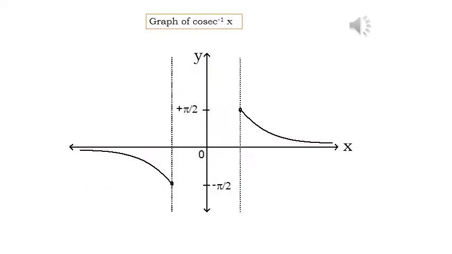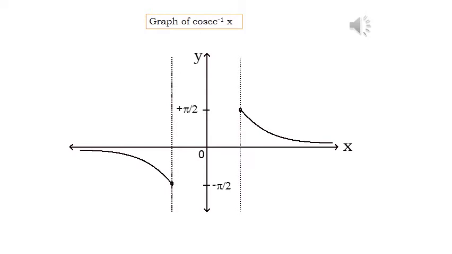This graph is related to cosecant inverse x. Look at the graph: there is no graph between x equal to minus 1 and x equal to plus 1. So the domain is the set of all real numbers except the open interval minus 1 to 1.